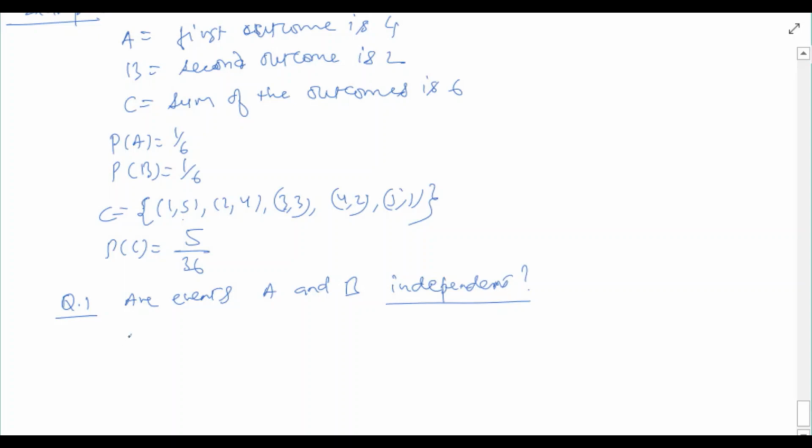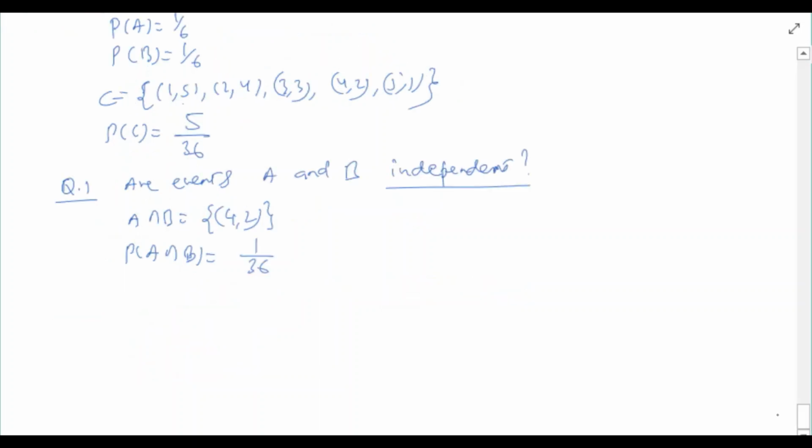To answer this question, let us observe A intersection B. A intersection B is the event in which the first outcome is 4 and the second one is 2. So this is A intersection B. Probability of A intersection B is 1 by 36. Only one of the 36 possible outcomes is favorable.